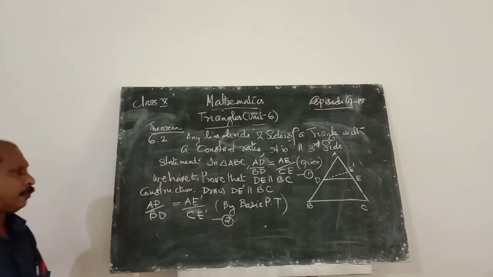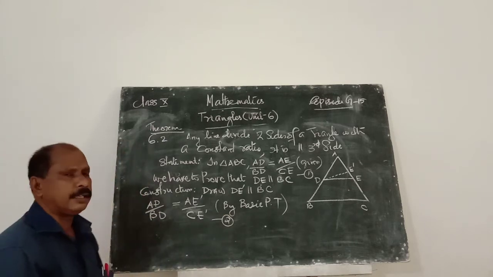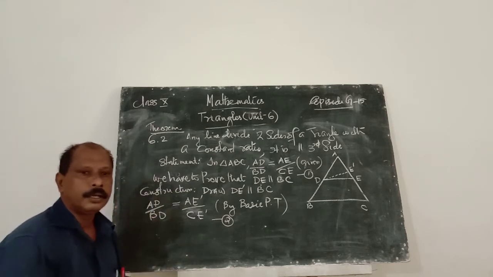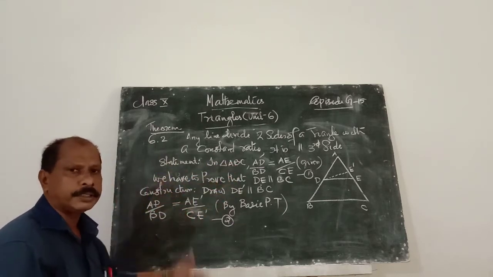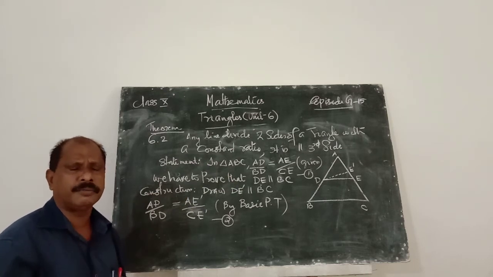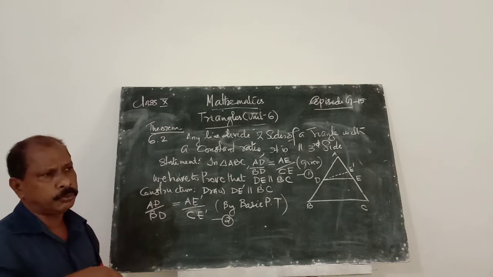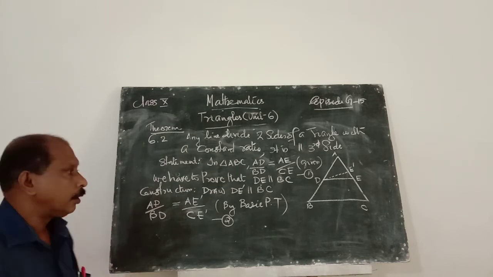For the first equation, the left side is AD by BD. For the second, the left side is also AD by BD. That means from 1 and 2, the left sides are equal. Therefore, the right sides are also equal.